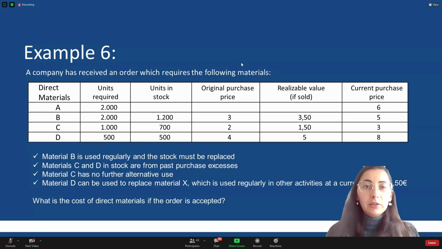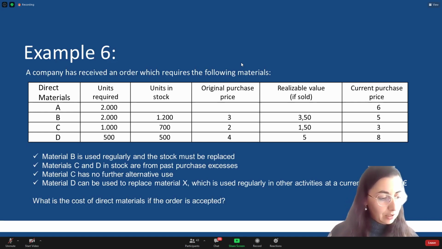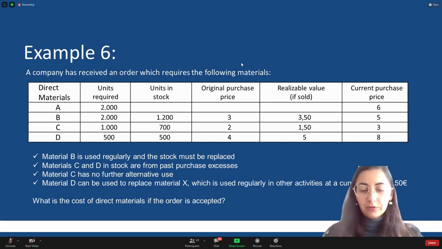So the best alternative given up would be to replace material X, and that would mean that we would stop saving $7.50 times the 500 units. So the cost of material D would be 500 units times 7.50.